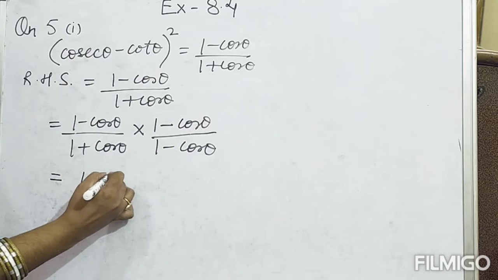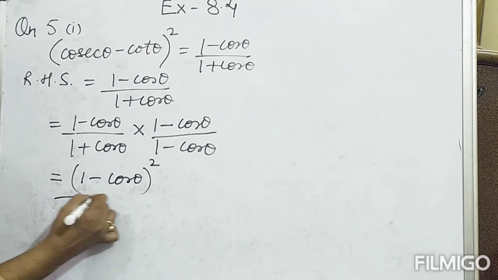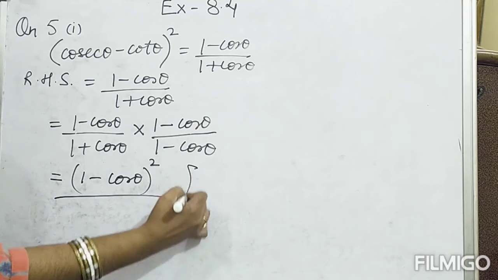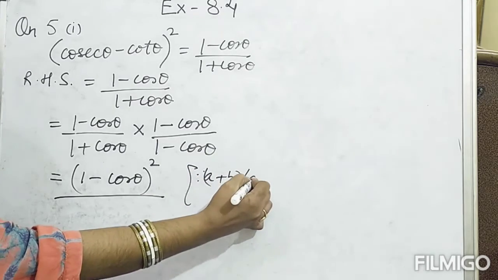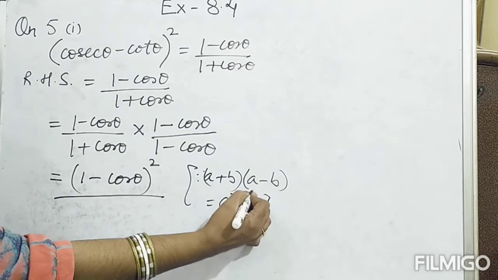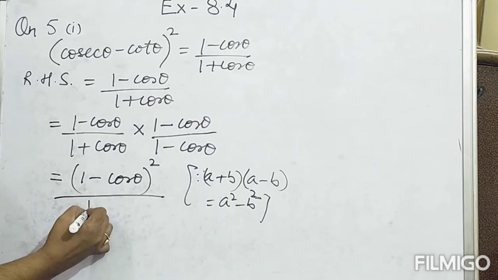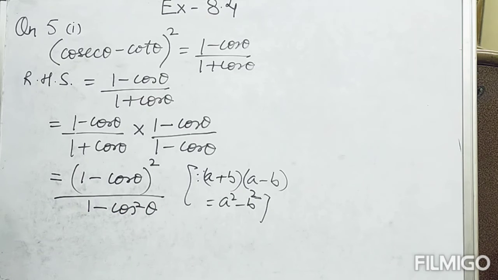So I can write it as (1 minus cos theta) whole square upon (a plus b)(a minus b). And we have the formula for it. This is an identity. (a plus b) into (a minus b) is a square minus b square. That's why it will be equal to 1 minus cos square theta.